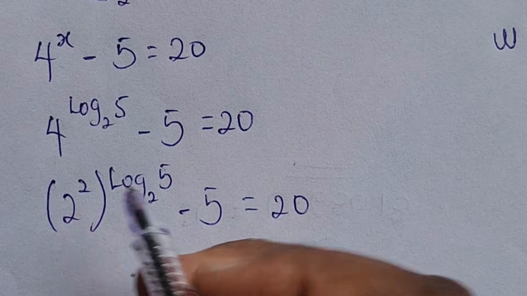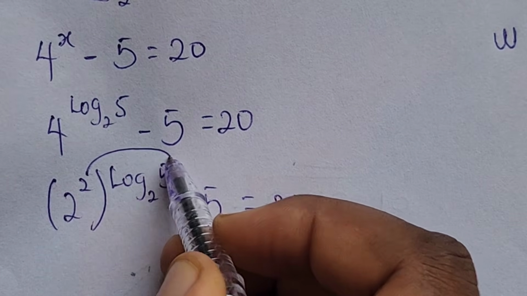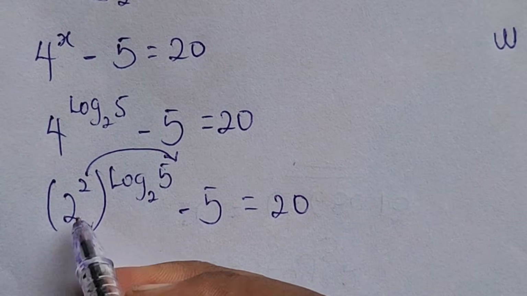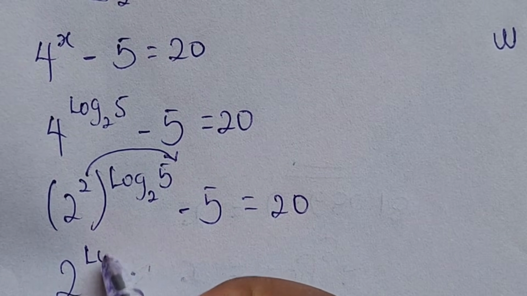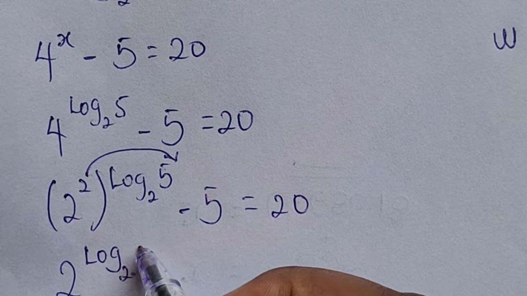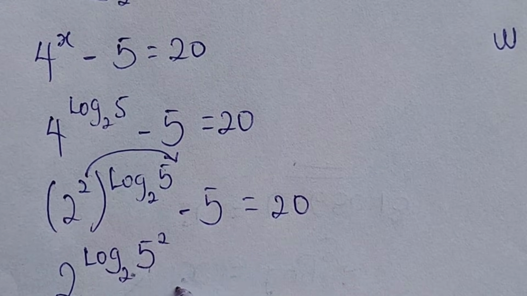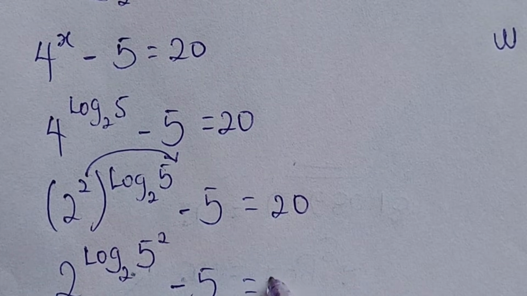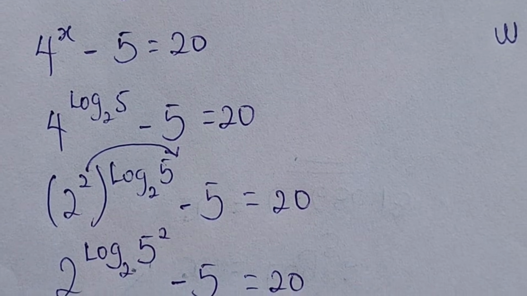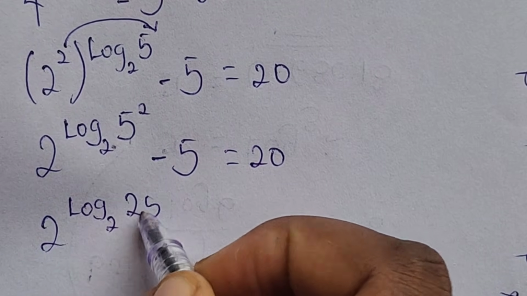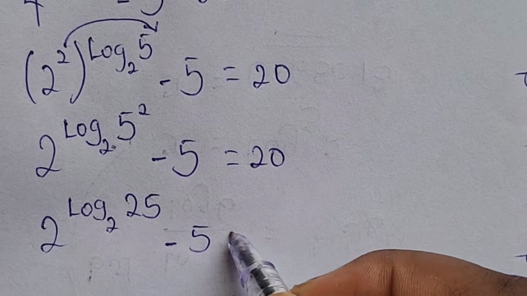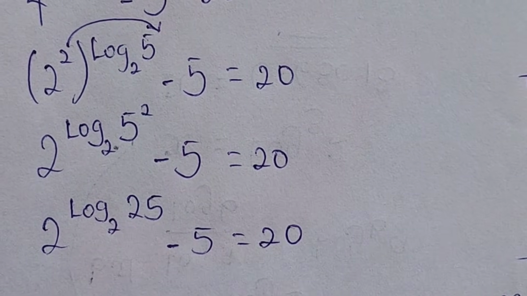So let's move these 2 to become power of the 5. We have 2 to the power of log to base 2 of 5 squared minus 5 is equal to 20. We have 2 to the power of log to base 2 of 25 minus 5 is equal to 20.